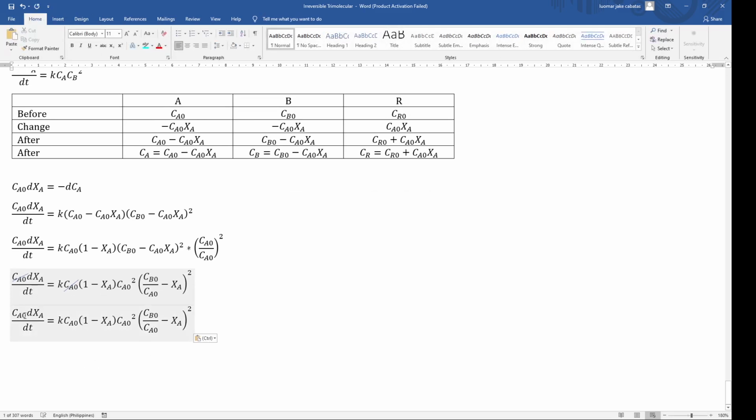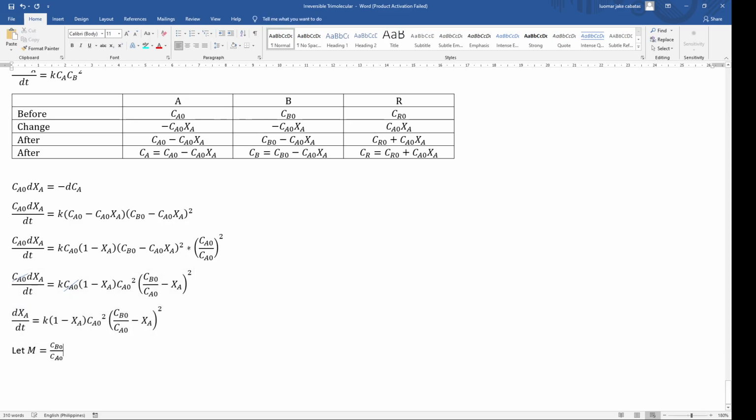So we now have XA and t as our variables, and then let again m be equal to that.